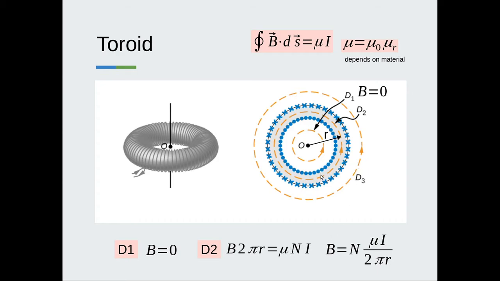But if you have something filling the toroid, if you fill it with iron or any kind of material, then you have to go to your handbook and check the relative magnetic coefficient. Just multiply it and put it here. Okay, so this is how the magnetic field works with complex structures.